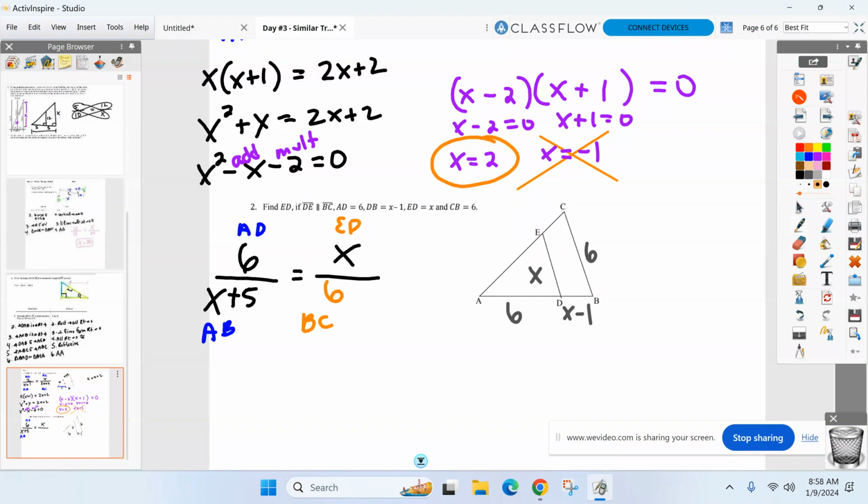Some people think they got to add stuff all the time. No. Only if you're combining sides. I know the full length is 6, so put a 6.